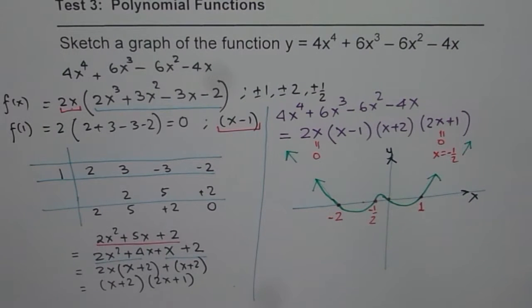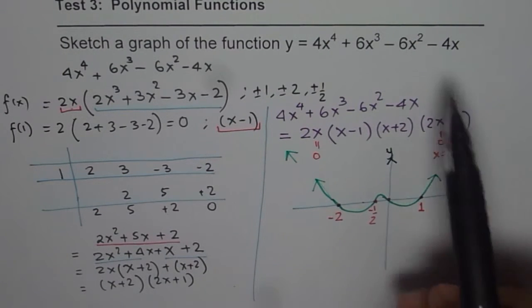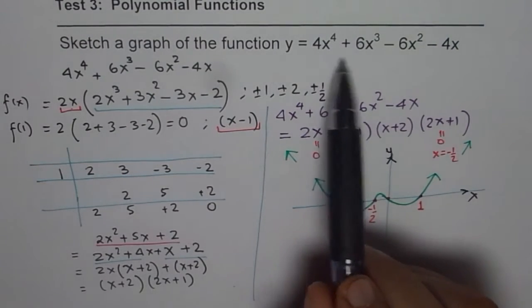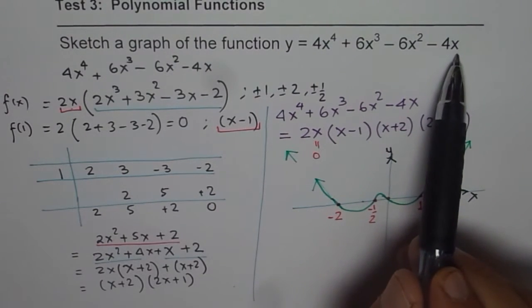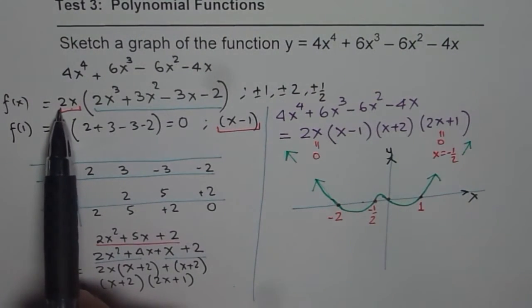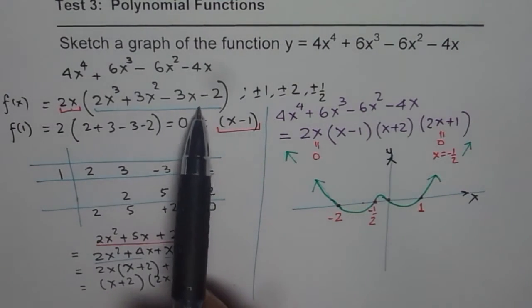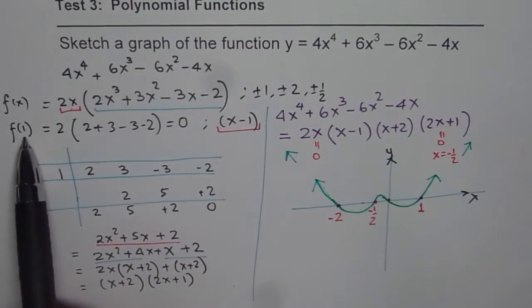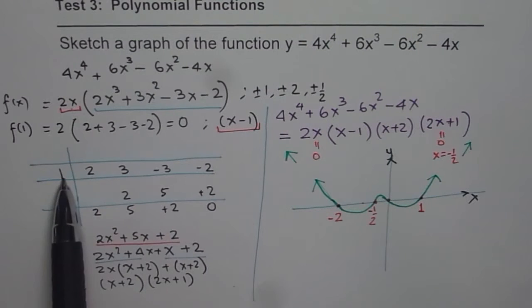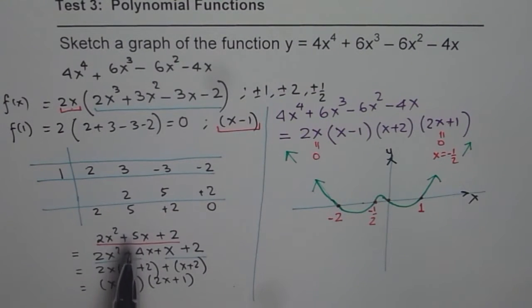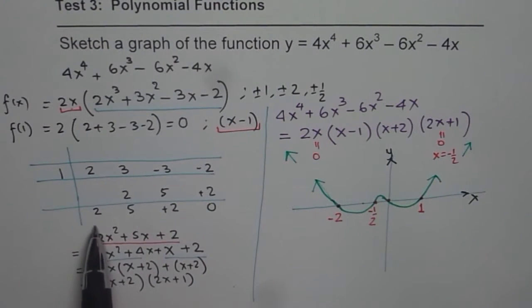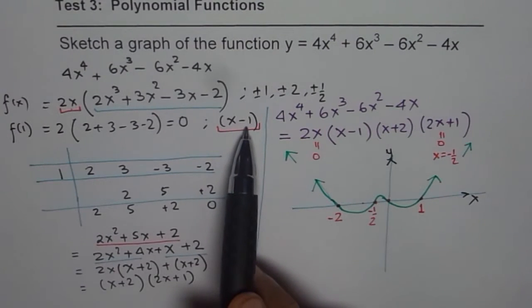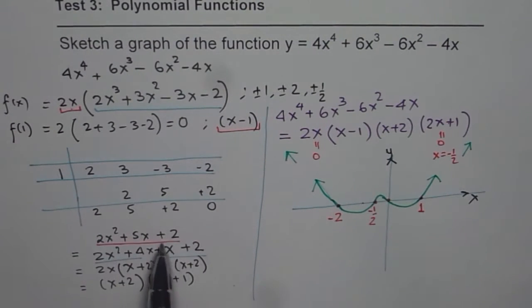I hope the steps are very clear. Since we had this 4th-degree polynomial, 2x was common, so we got the first factor. Then we had a cubic, we tried numbers, f of 1 gave us a 0, so we divided by 1 using synthetic division and got a factor x minus 1 times the quadratic 2x squared plus 5x plus 2, which we factored using product and sum.